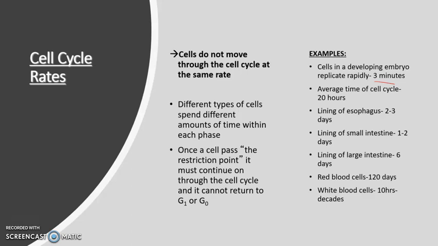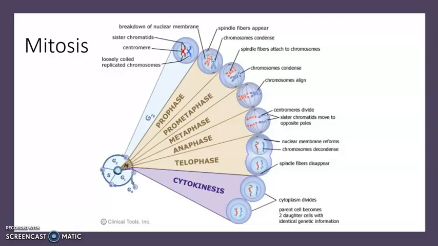Your esophagus, 2 to 3 days, intestines, 6 days. Your red blood cells have a life cycle of 120 days. Your red blood cells can last anywhere from 10 hours up to decades, depending on what they're doing. So even just within some of these different areas of your body, the cell cycle is so different rate-wise.